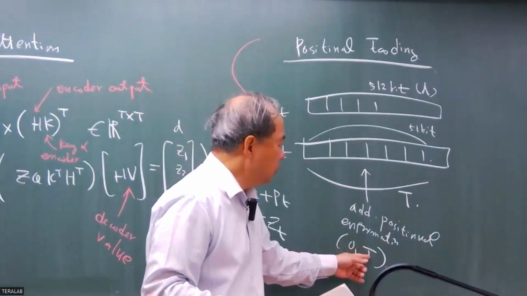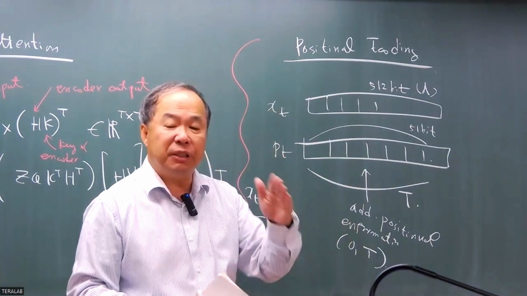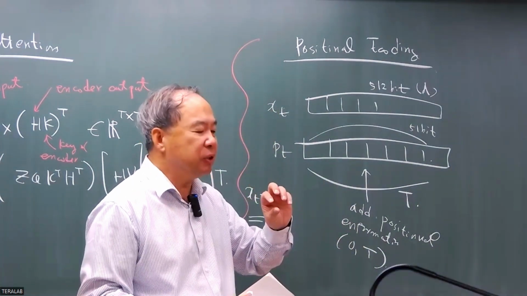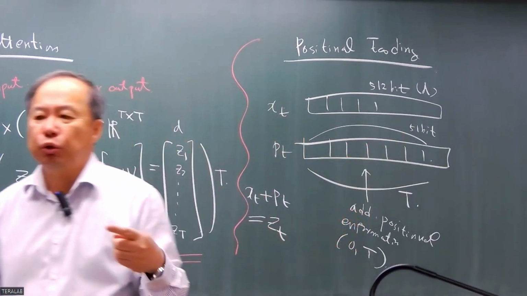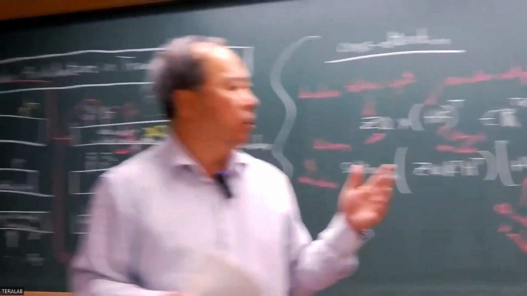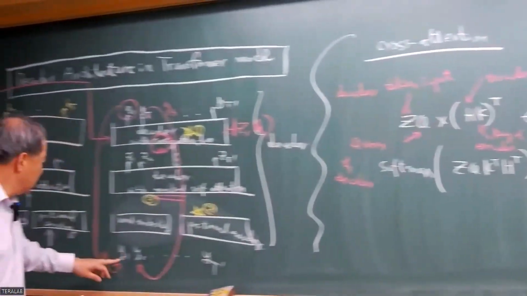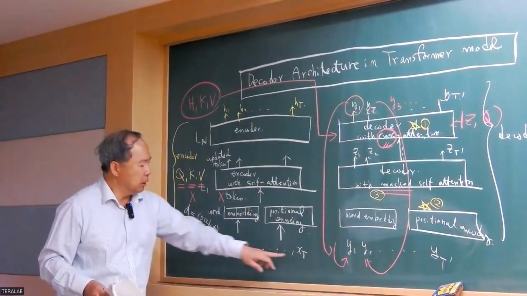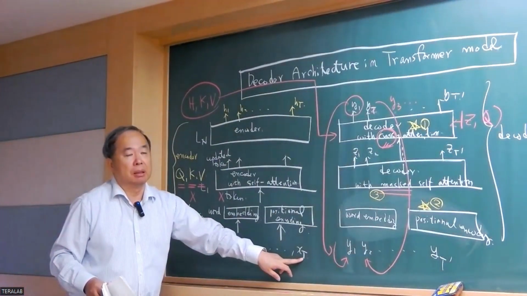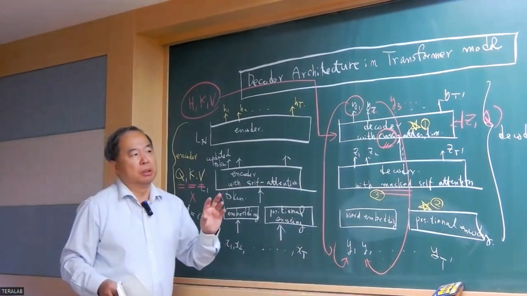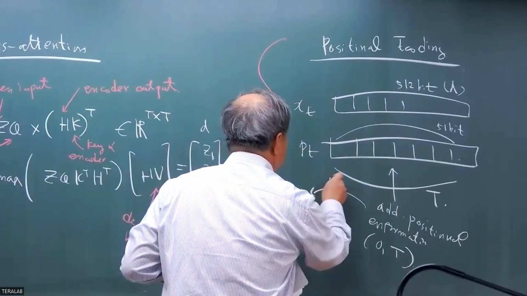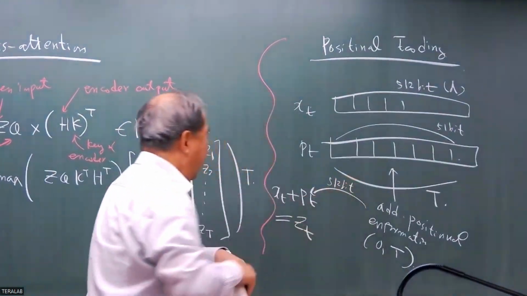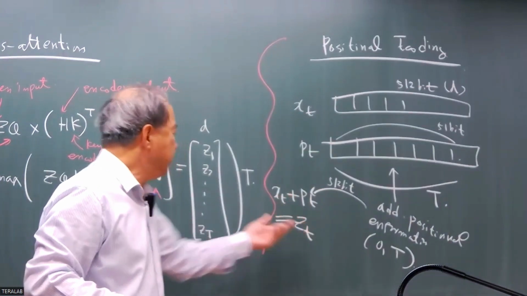Probably from 0 to T, linearly, you may have the physical position, and you can convert that to 512 bits. 512 bits is a huge number. So the first sentence position could be 1, 2, up to T. You convert position into a 512-bit sequence, and you add them together. That is becoming positional encoding.